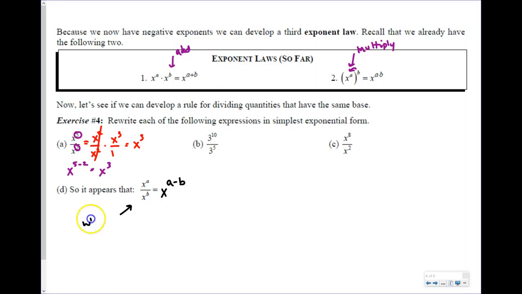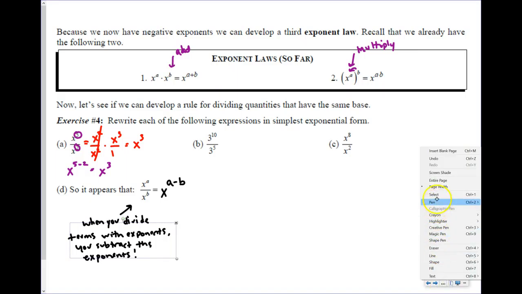So we can sum up and say, when you divide terms with exponents, you subtract the exponents. And we talked about this briefly in lesson 9.1.